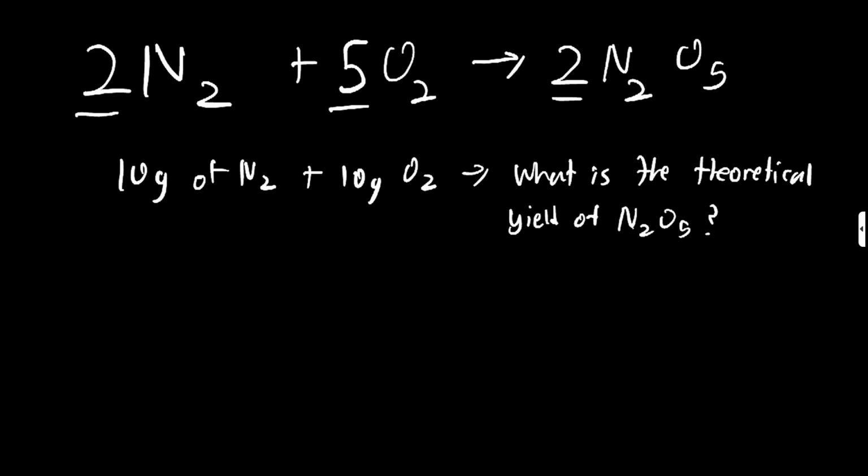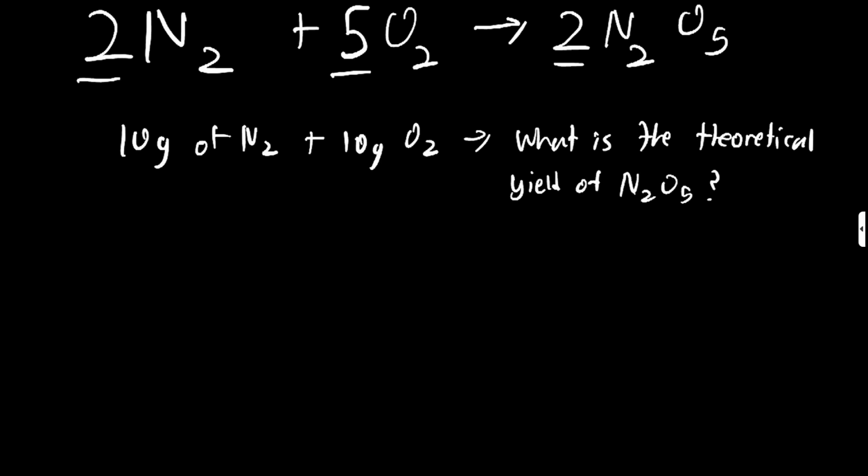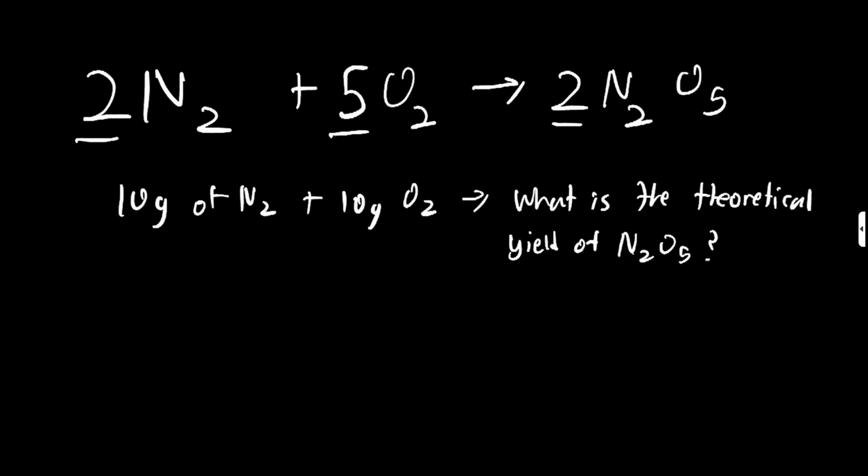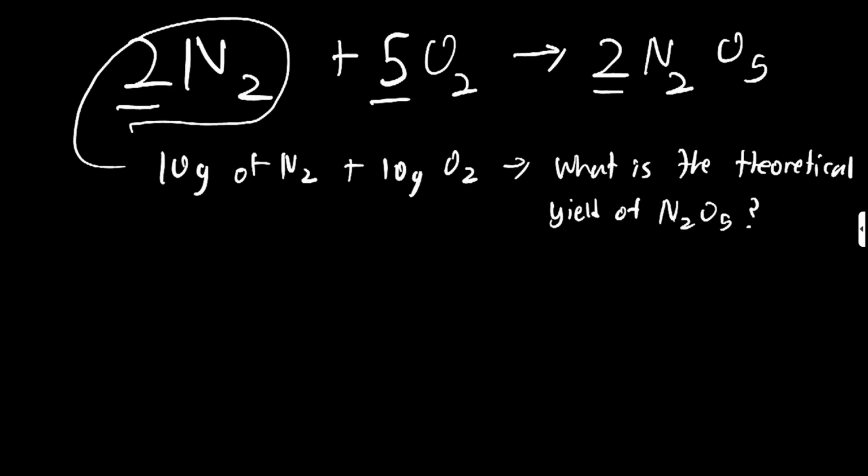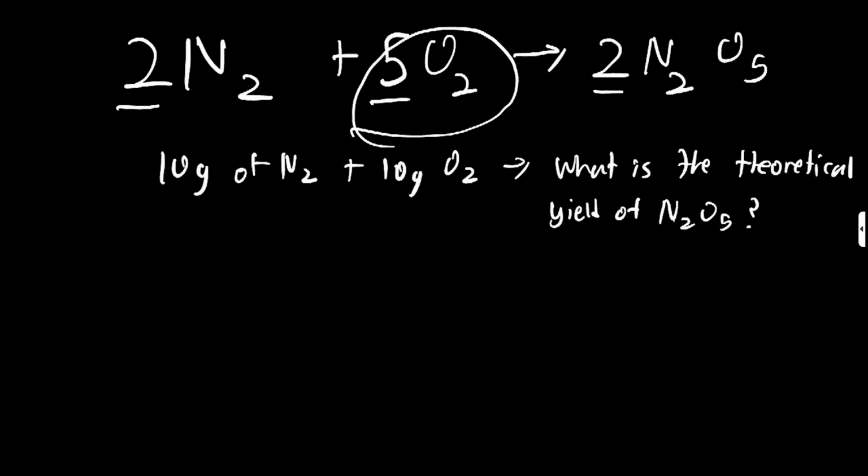The limiting reactant is simply whichever runs out first in producing N2O5 here. So let's say that with 10 oxygens, you can make 15 of these, but with 10 nitrogens, you can only make 12 of them. So the nitrogen is going to run out first before the oxygens can be used.